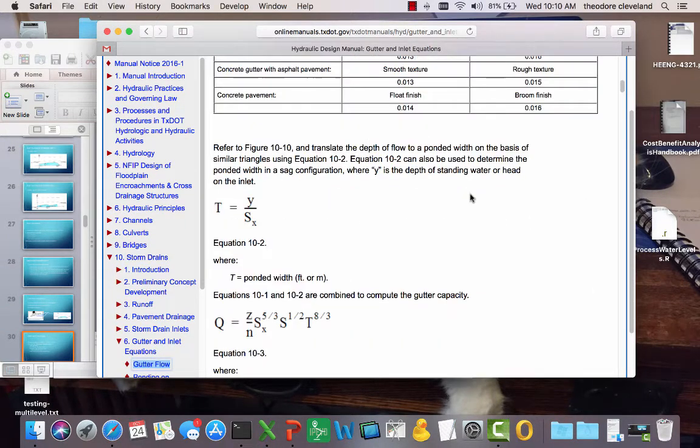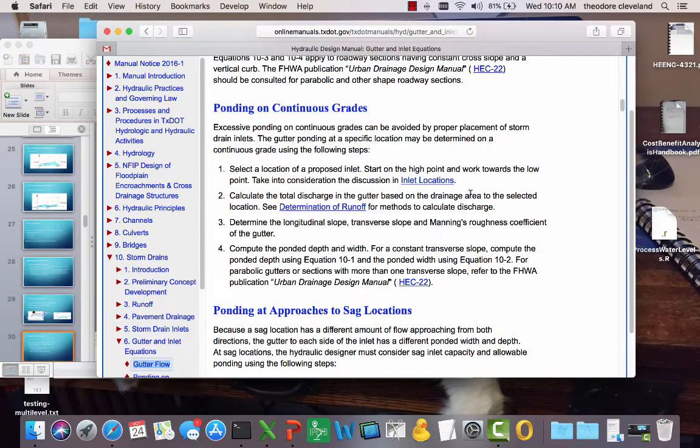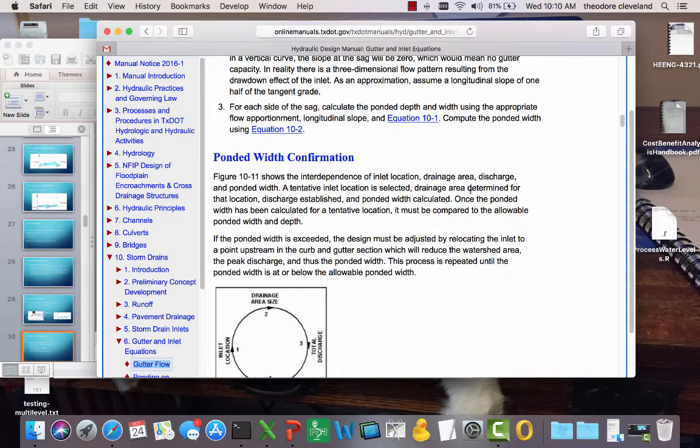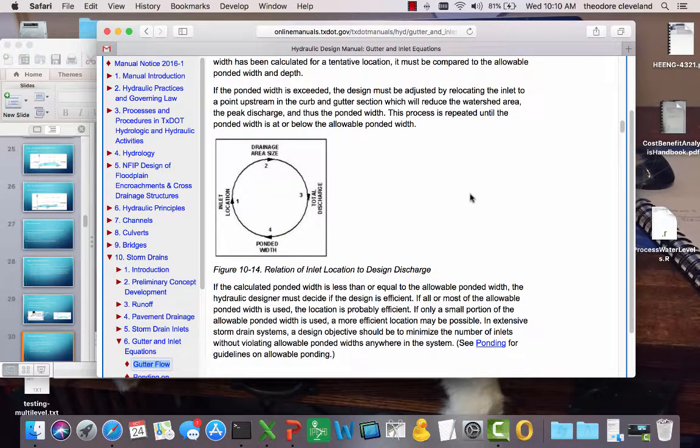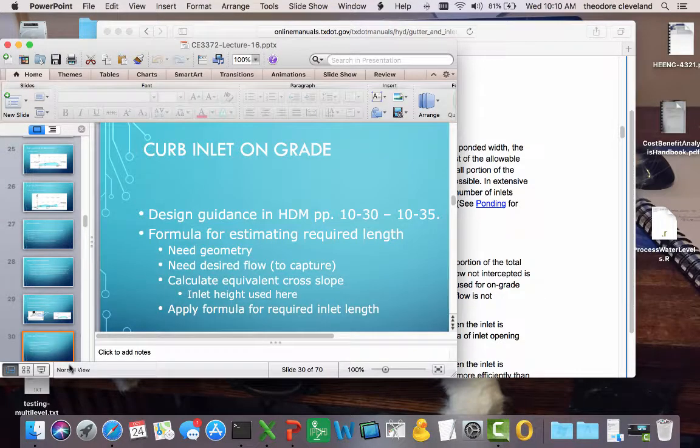Now we're going to go through these in the PowerPoint shortly, but the point here is to show you where the locations are, where the information is located. Okay, so let's return to our deal.